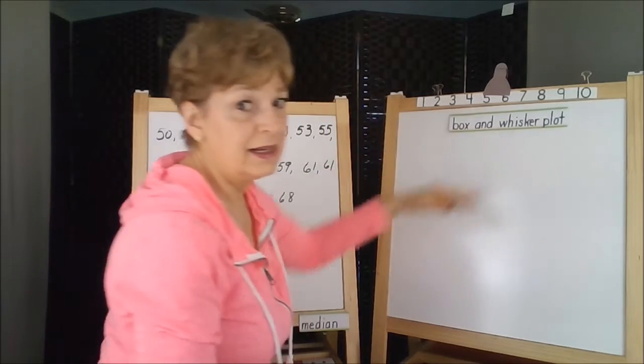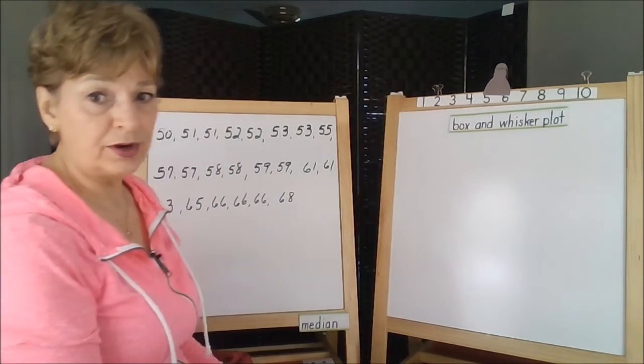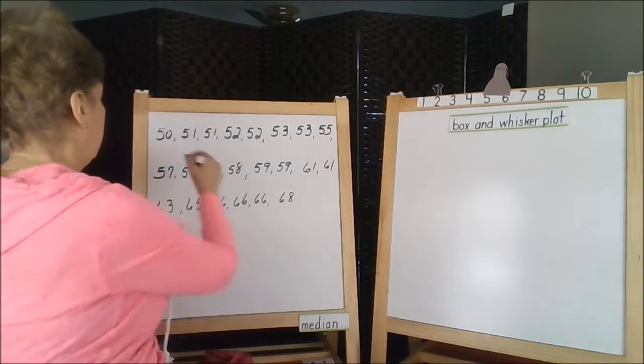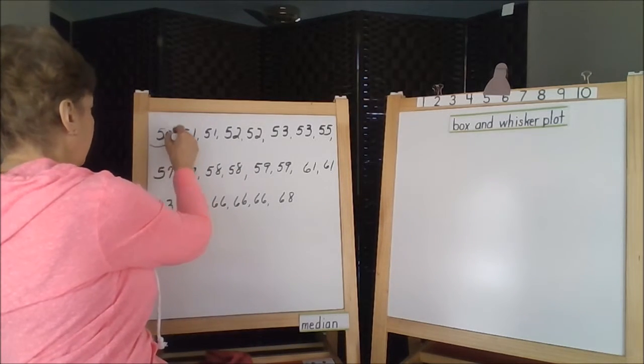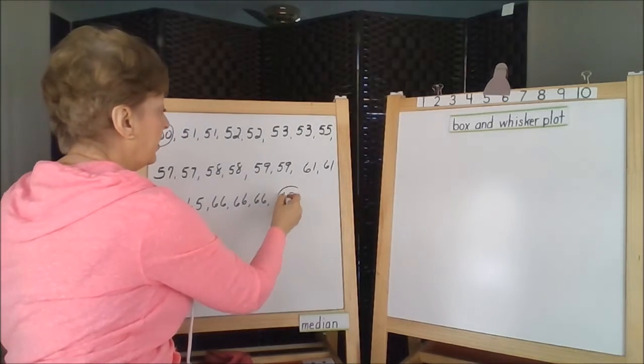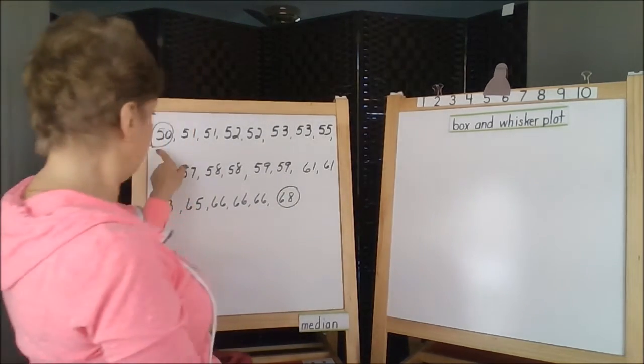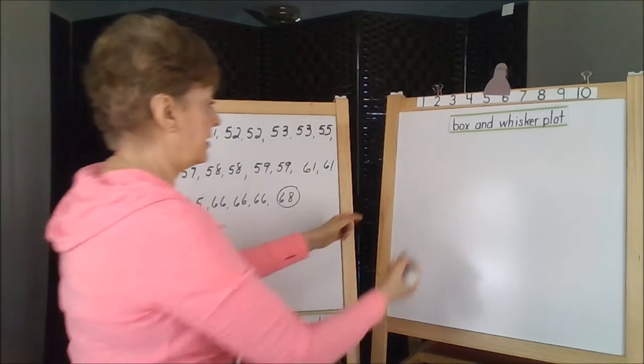Now that our data is in chronological order, we can see our smallest value here and our highest value here. So we're going to need a number line that starts with a 50 and goes to 68.